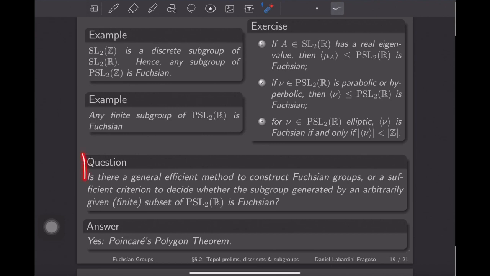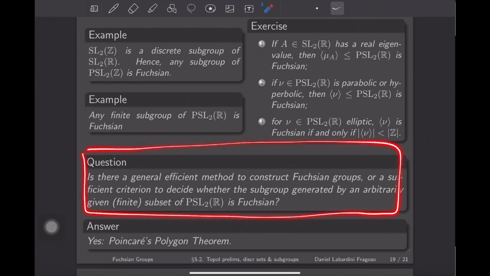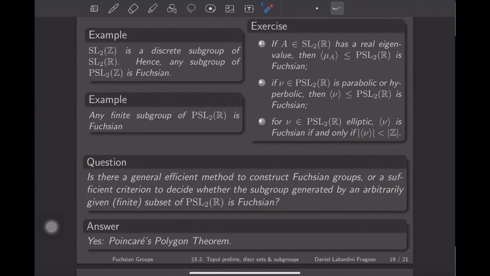So fortunately, there are ways of producing Fuchsian groups.